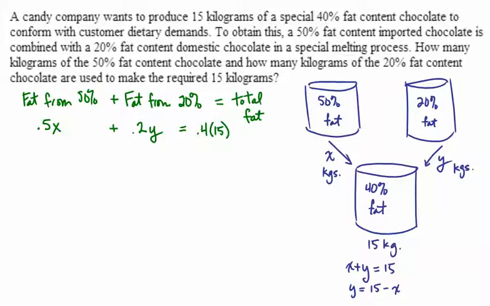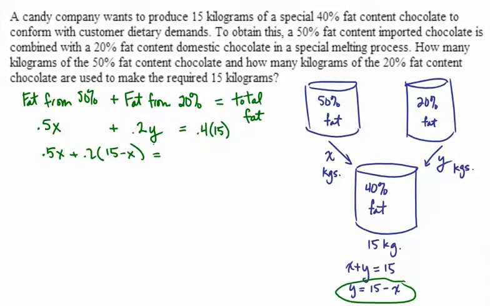So let's go ahead and set this up. Now we're ready to swap out. Remember that we have Y is 15 minus X. So we're going to be able to construct an equation that has only one unknown.